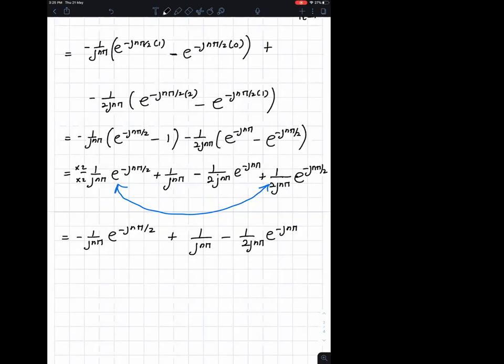Sir, the first one is supposed to be minus 1 over 2jn pi, am I right? Which one? The first one, minus 1 over 2jn pi, because of the minus. Oh yeah, I forgot. Yes, that's a mistake here. You mean this one?